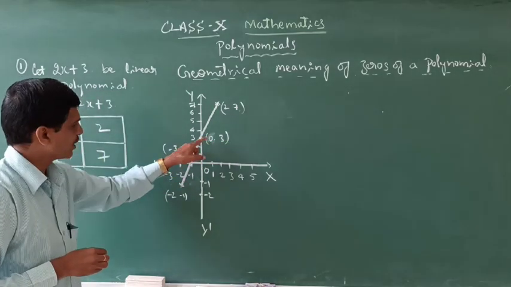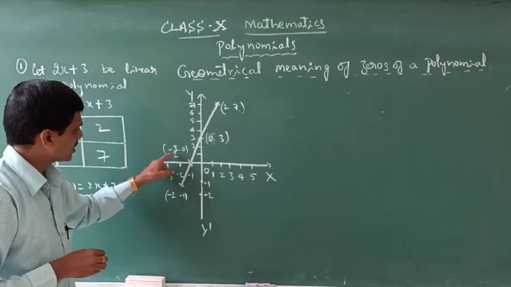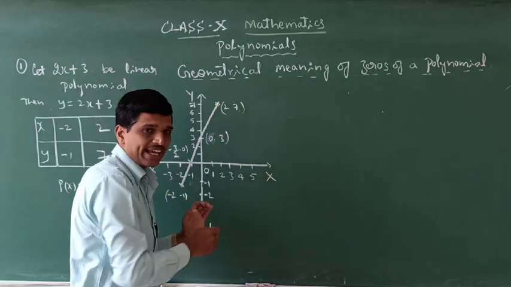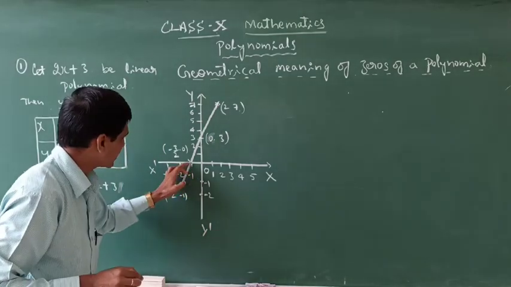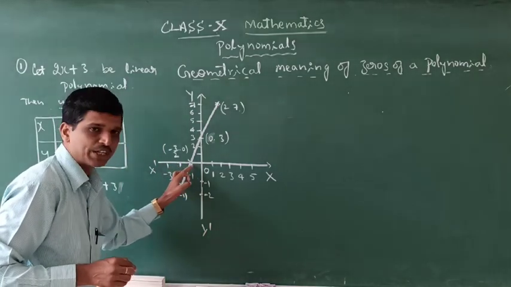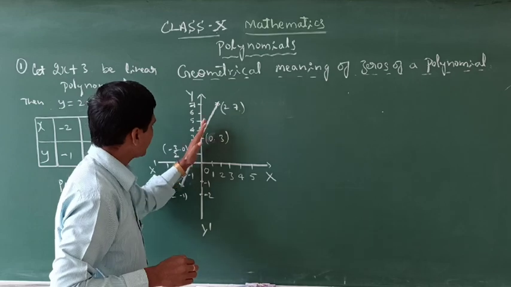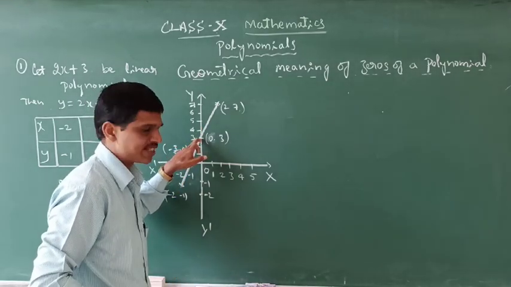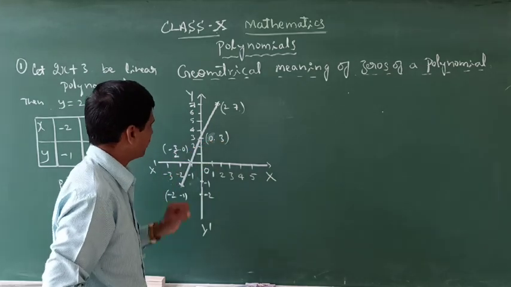Here it is considered minus 3 by 2 because this straight line passes through the x-axis between minus 2 and 1. This straight line passes through the y-axis only at the point 0 and 3.